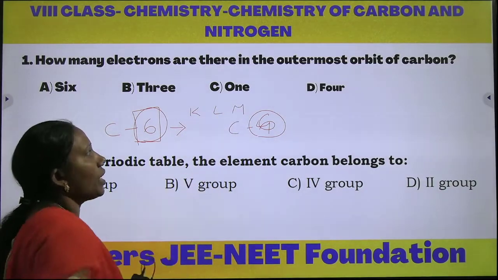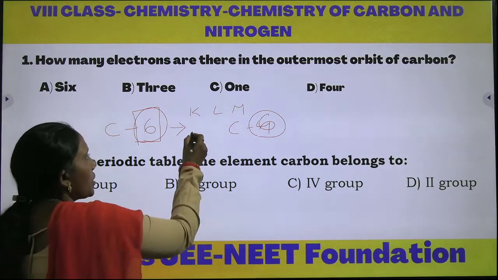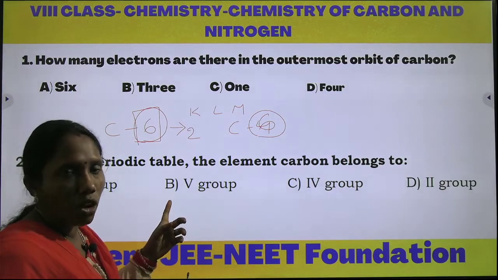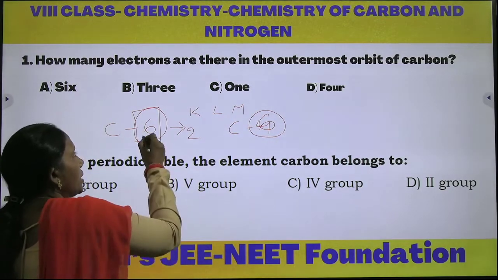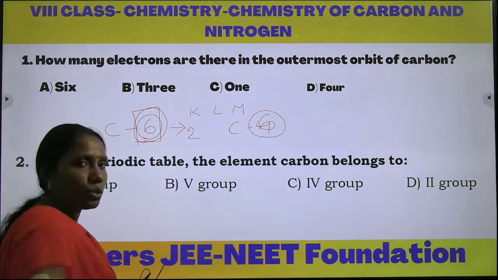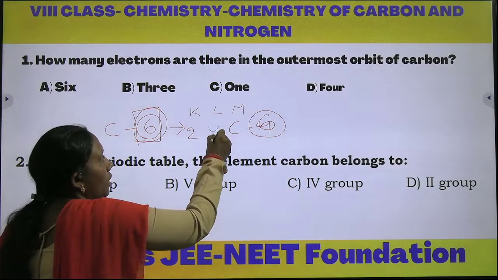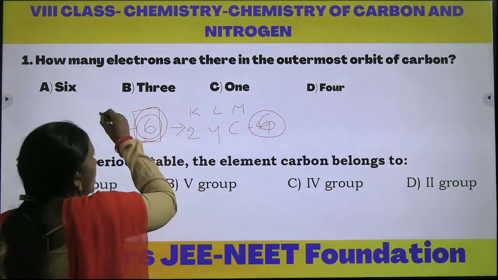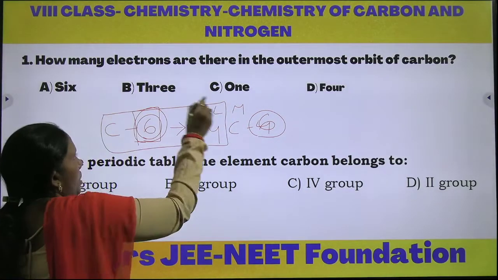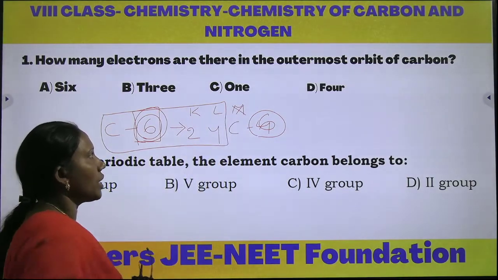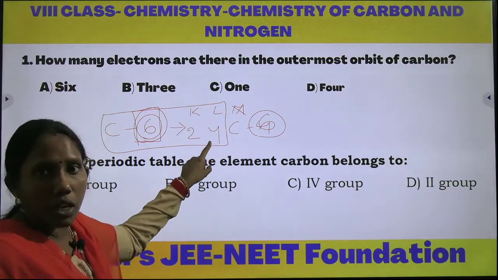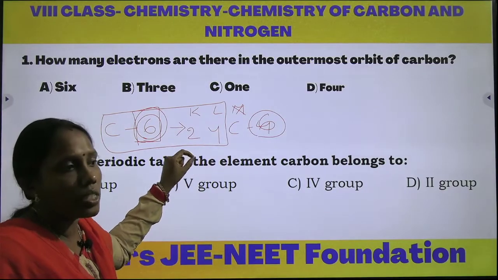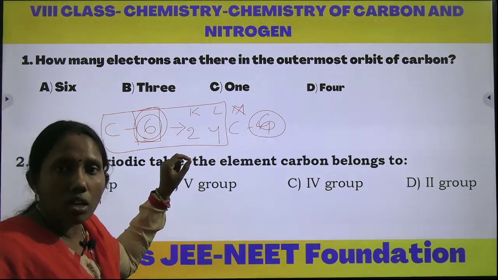If you take the K, L, M shells, the K shell can accommodate 2 electrons. Out of 6, 2 are accommodated in the K shell, and the remaining are accommodated in the L shell. Electrons are not entering the M shell; in the L shell we have 4 electrons. The electrons in the last shell are the outermost electrons or valence electrons.